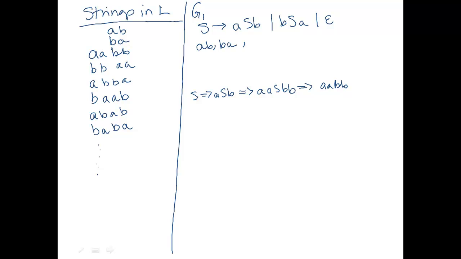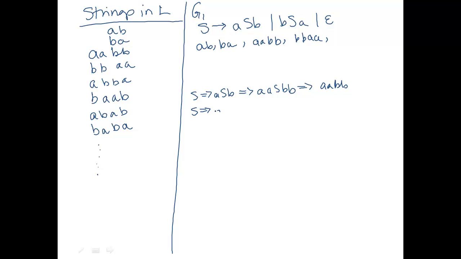So I can make AABB. If I did the same thing using the second rule twice, I would get just the opposite string with the B's and the A's swapped.